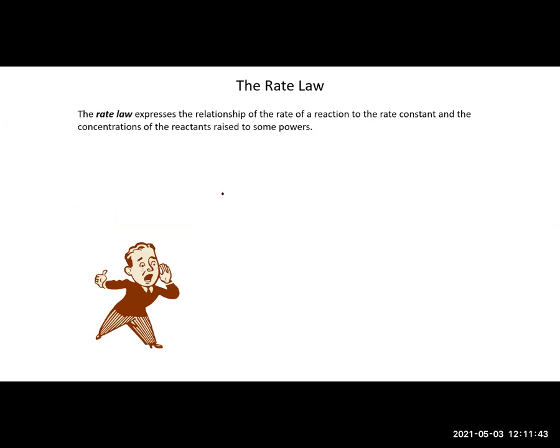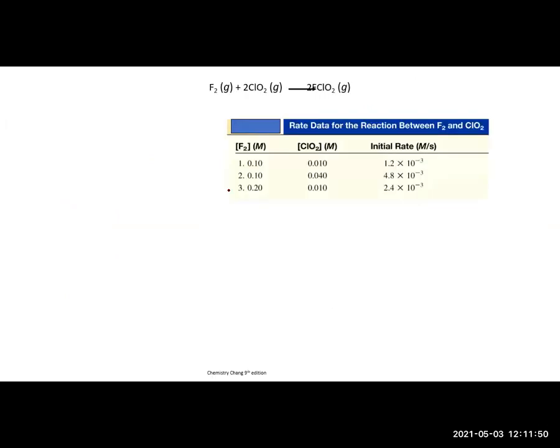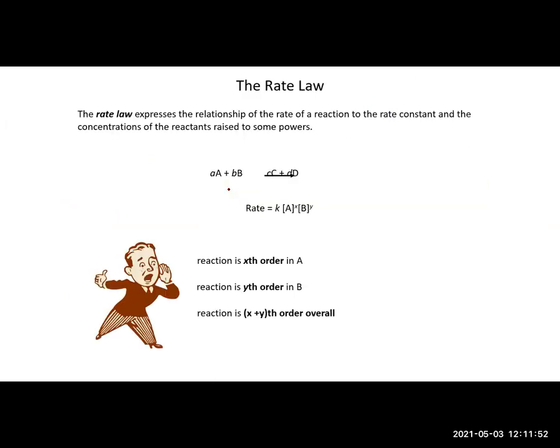All right, so let's talk about the rate law and how it's a little different from what we've been talking about. Let me first fix my arrow here. Looking at this reaction, we can write a rate law.